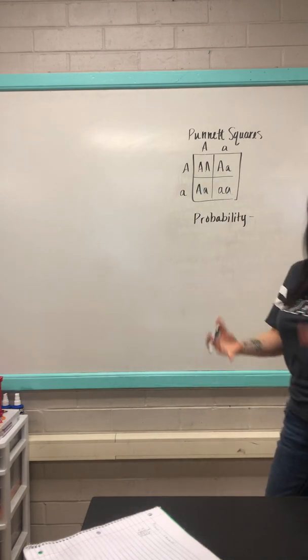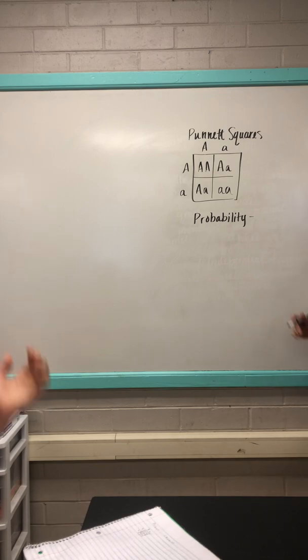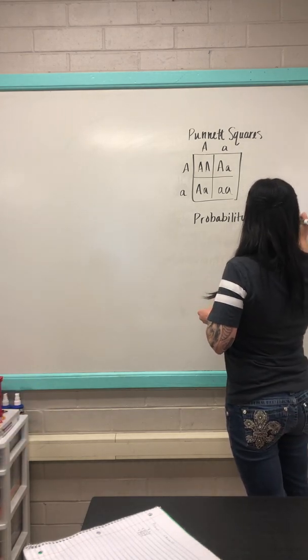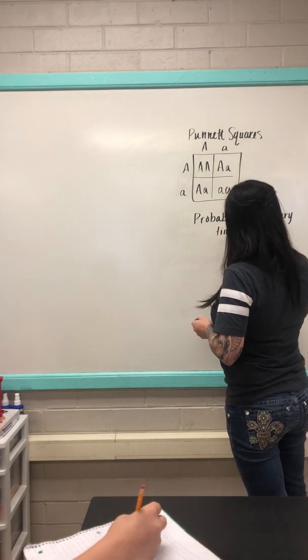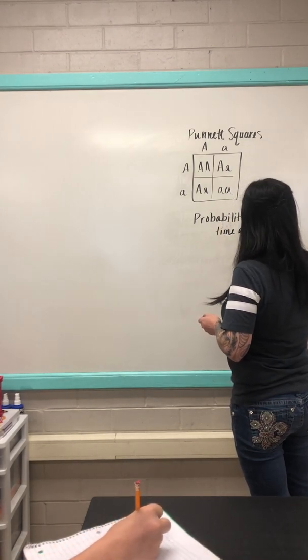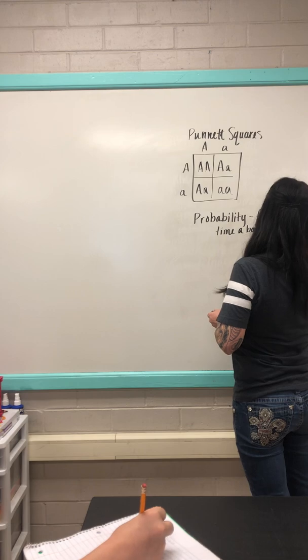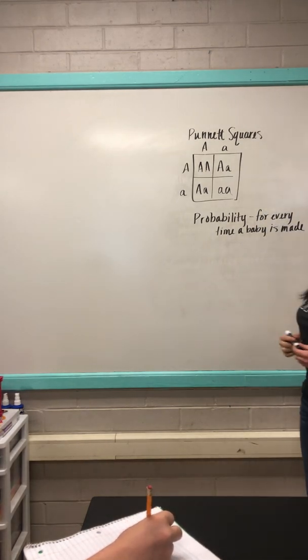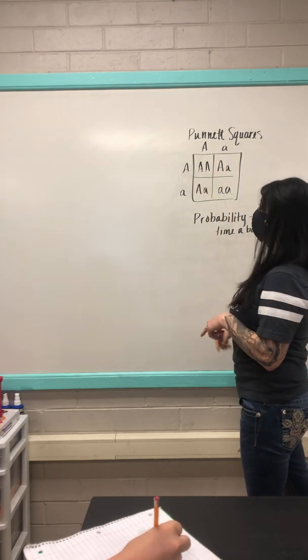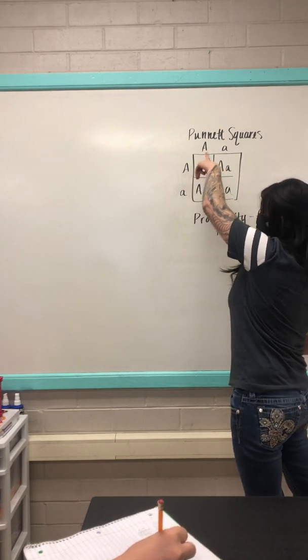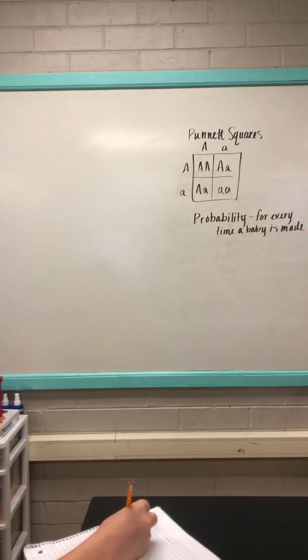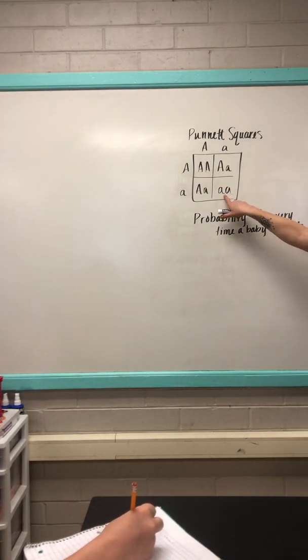And this is for every time a baby is made. Okay? And I keep harping on that because a lot of times people will say, if you have 4 kids, one's going to be homozygous dominant, 2 are going to be heterozygous dominant, and one's going to be homozygous recessive. That's not the case.